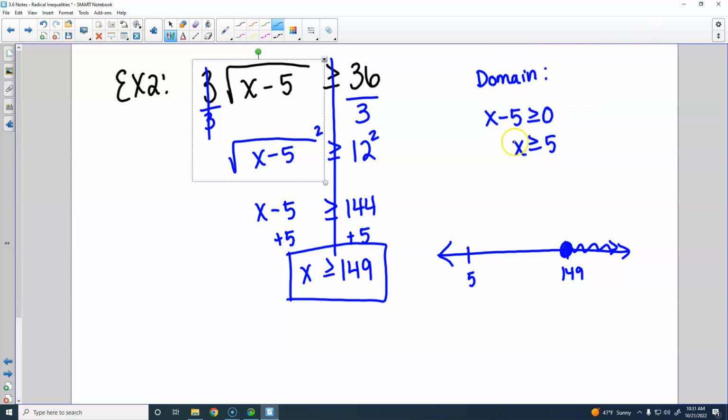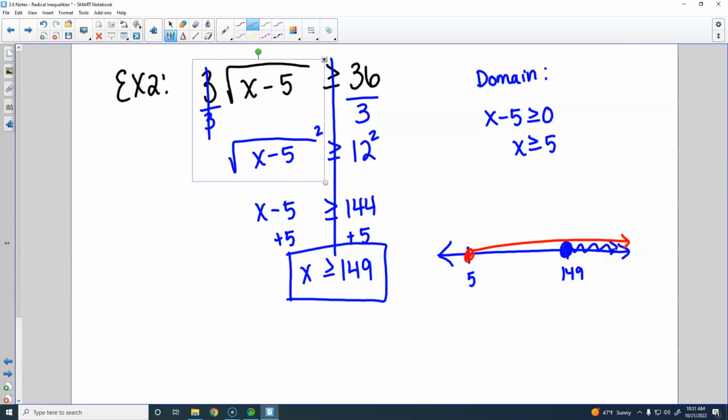So if this was x is greater than 149, it still would not matter for this particular problem, because I can only have numbers from 5 and up, and everything here falls into that category.